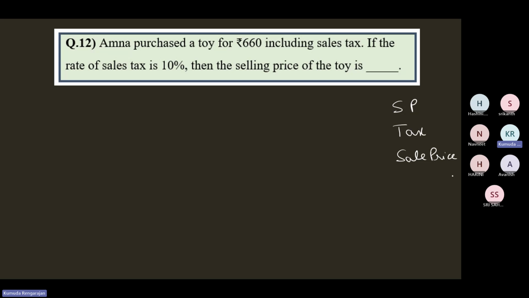How do we know 660 is a sale price? Because it's given, it includes tax. Selling price is the price before tax is added. Sale price is the price with tax or after tax. So selling price plus tax is equal to sale price. That's the equation.